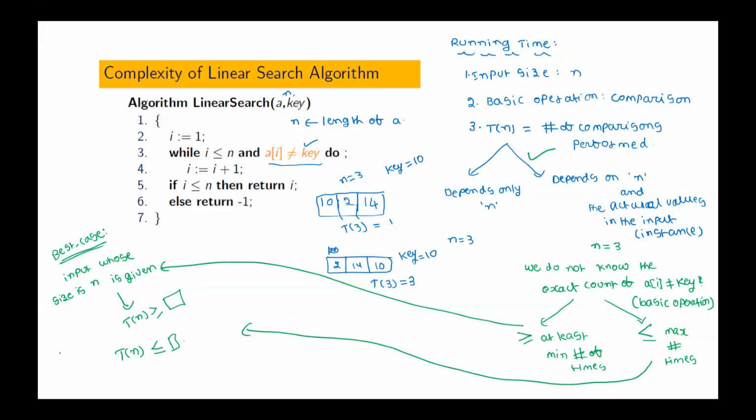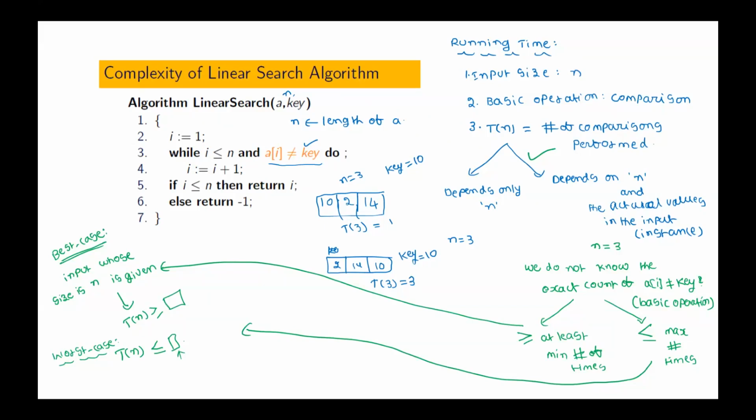Similarly, this is actually the worst case. That means for any input of size n, the total number of times this operation is performed is not more than this value. Now, can you please tell me what is the comparison operation count in the best case?